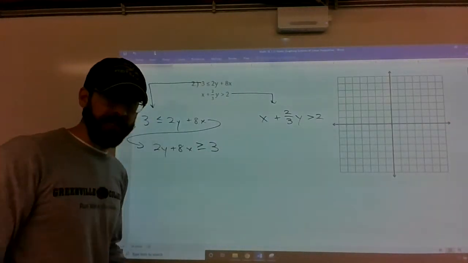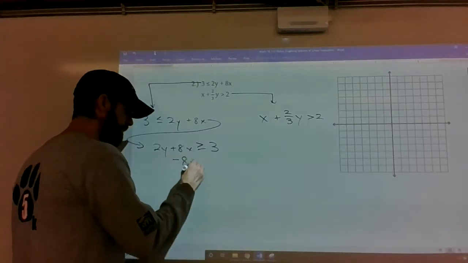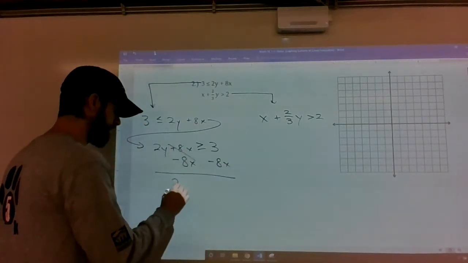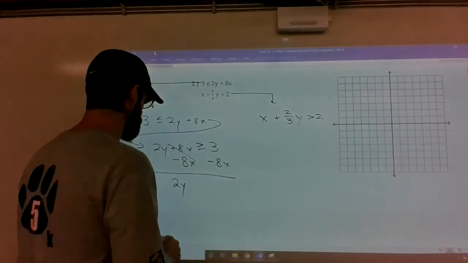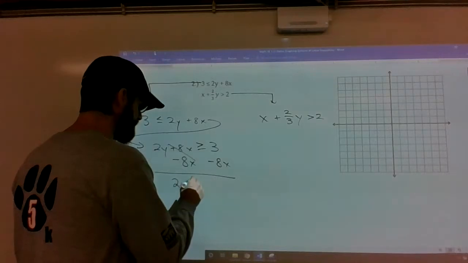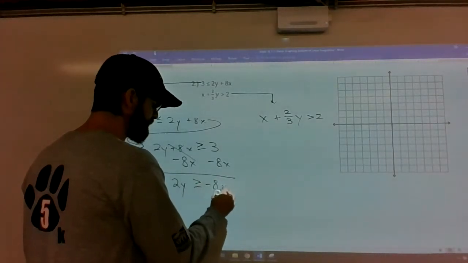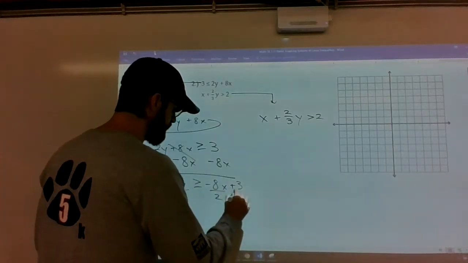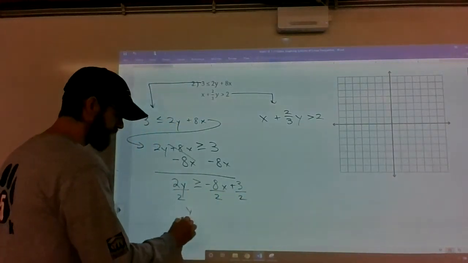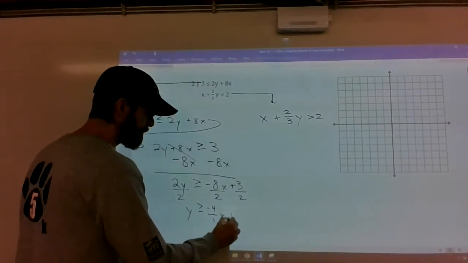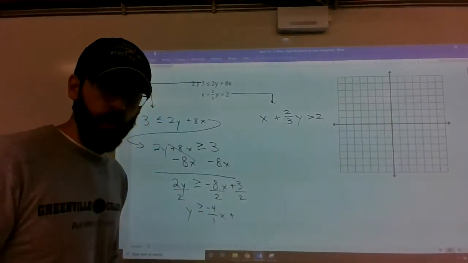And now I can subtract 8x from both sides. So 2y is greater than or equal to negative 8x plus 3. Divide by 2, divide by 2, divide by 2. So y is greater than or equal to negative 4 over 1x plus 3 halves ends up being 1.5.